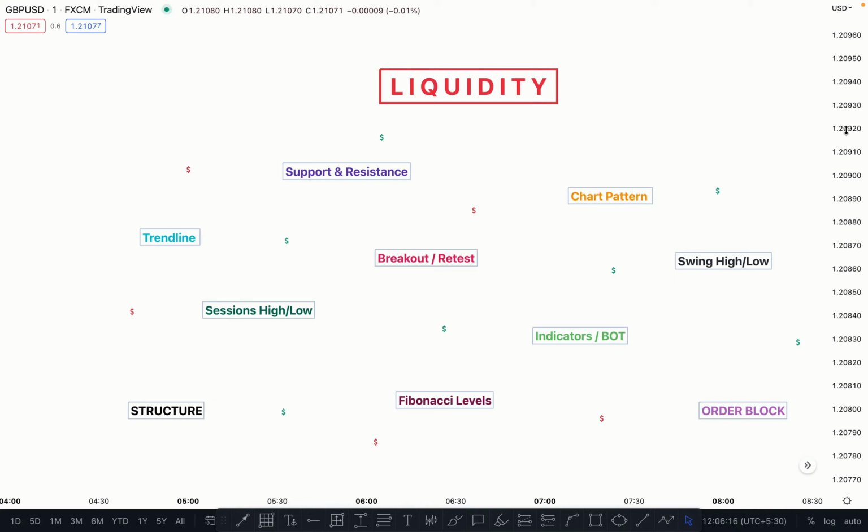They don't care about your structure, your order block, imbalance, your support resistance, Fibonacci level, any kind of strategy, or even your indicator showing you buy or sell. They don't care about anything. They trade only based on liquidity, the number of orders. Where are the orders? Where are the entries? They trade based on that, right?